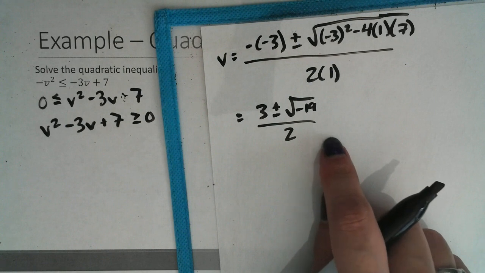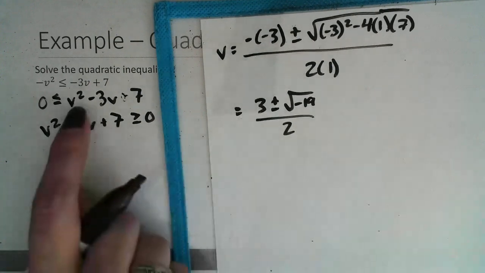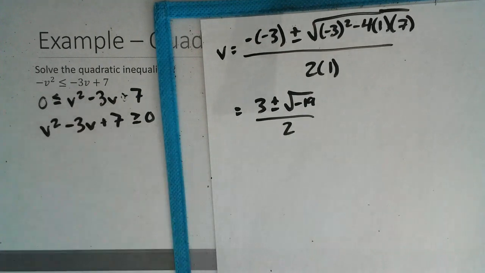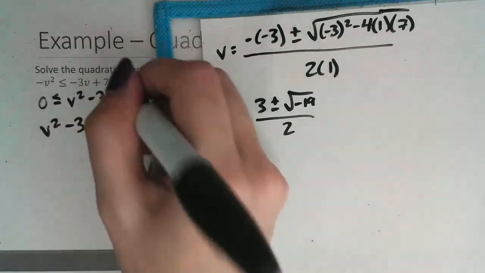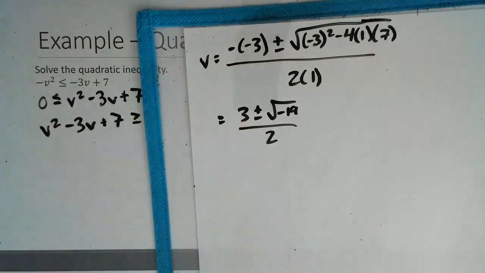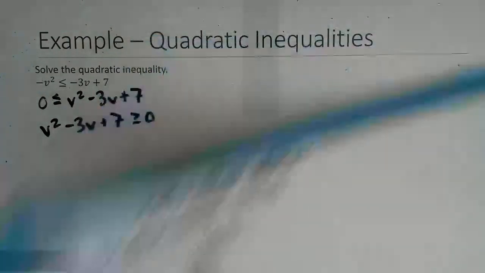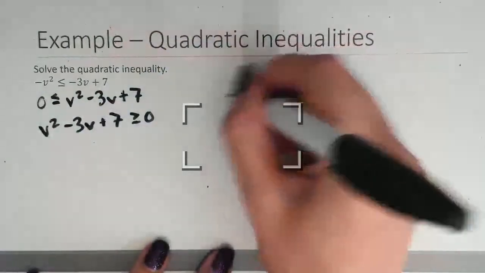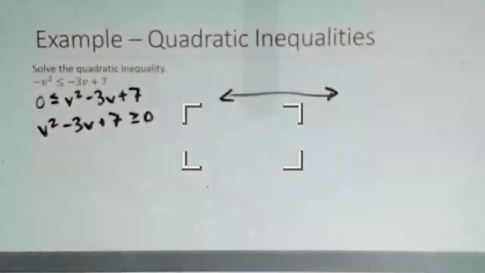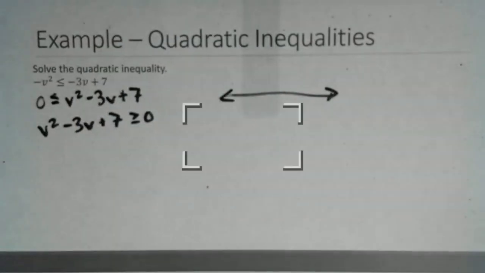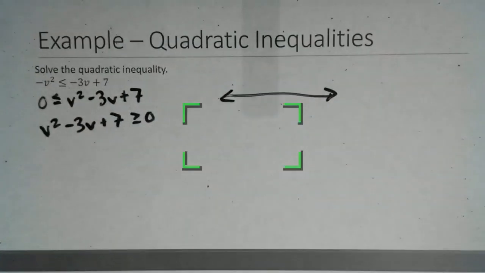What this means graphically is that v squared minus 3v plus 7 never crosses the x-axis. So I don't have any place to put on my number line. I don't have any values of v that will make this equal to 0.